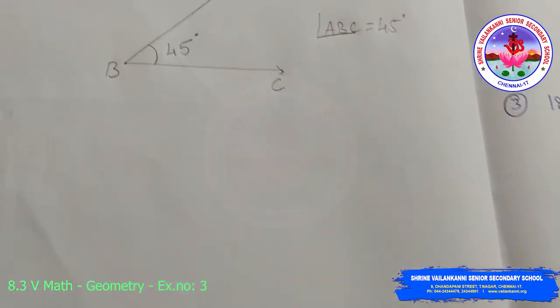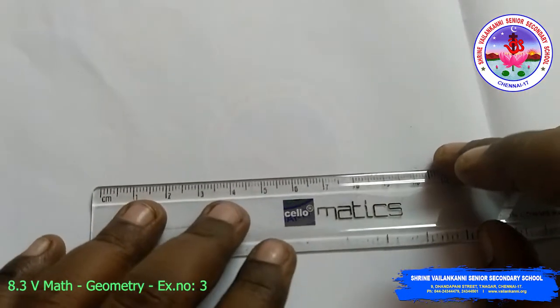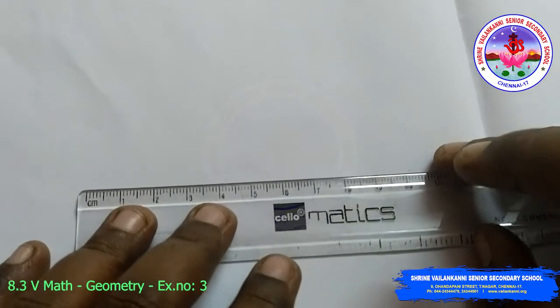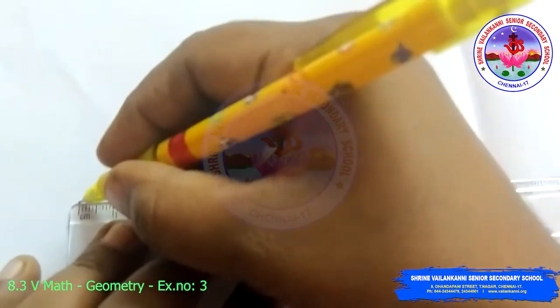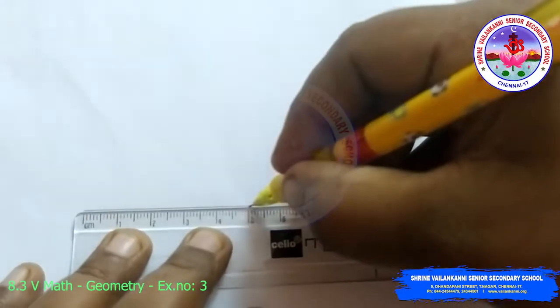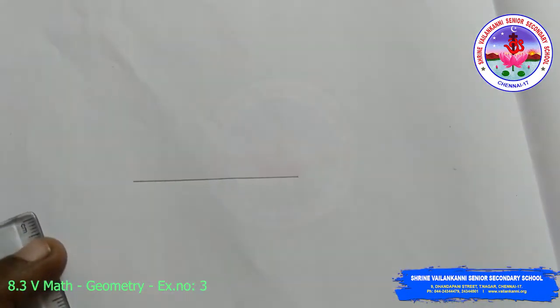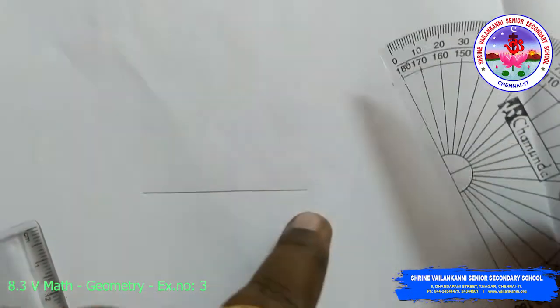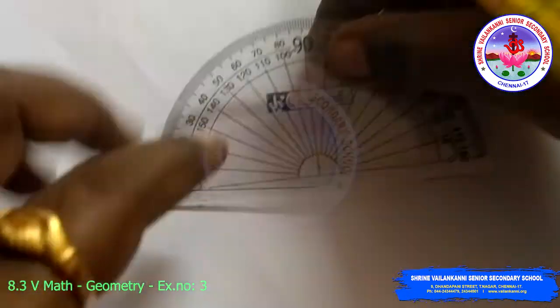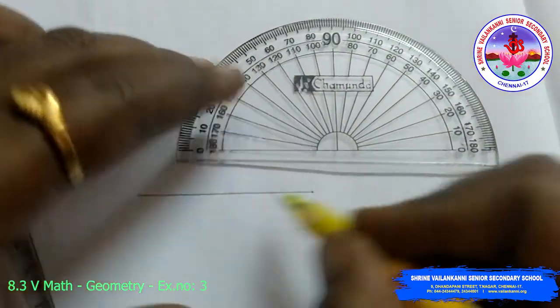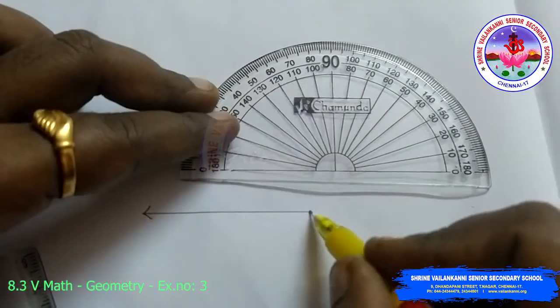So for this, again I am taking a line segment of 5 centimeters. With this I am going to place the center point of the protractor on the line segment, with the point which is towards your right side.